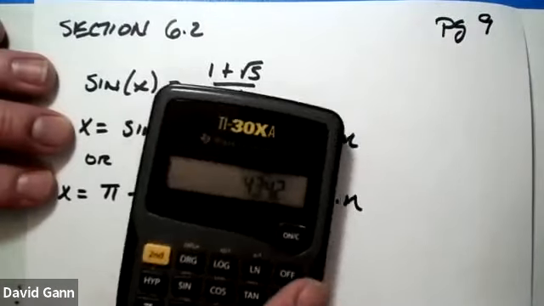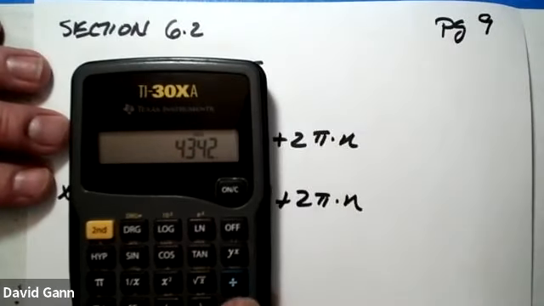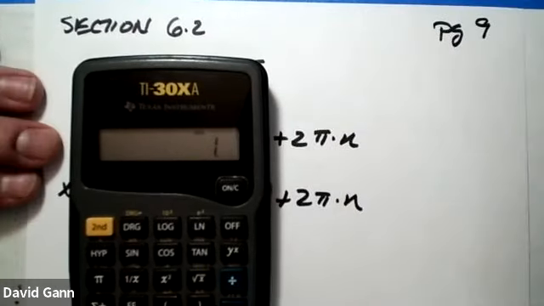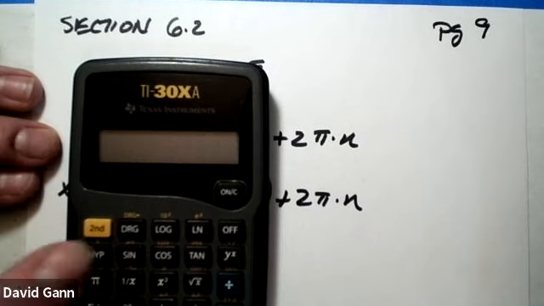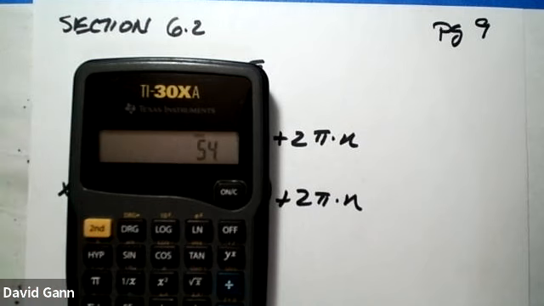So I'm going to pull out my calculator. I'm going to take 1 plus square root of 5, and then divide that by 4. And now I take the inverse sine of this number. Look at that.